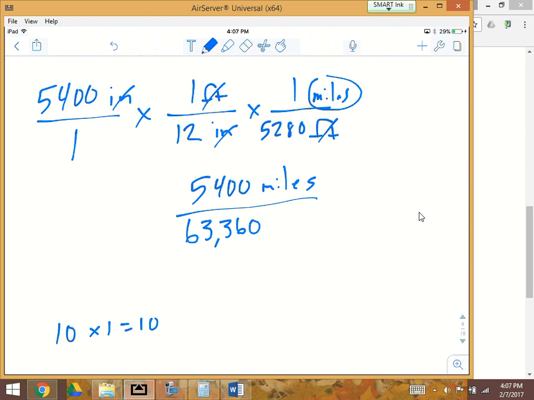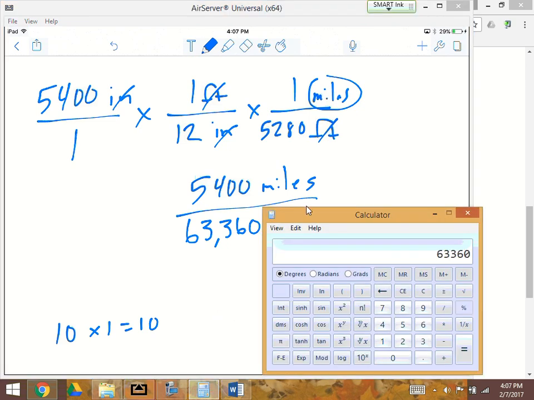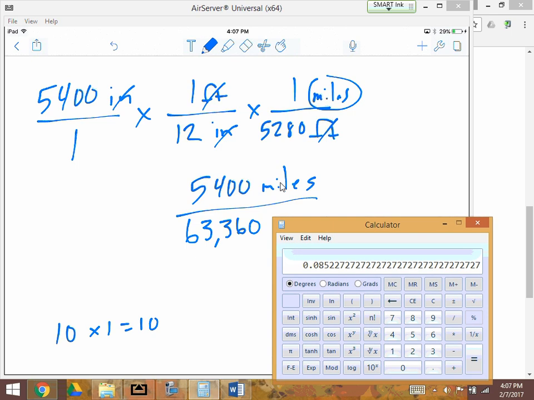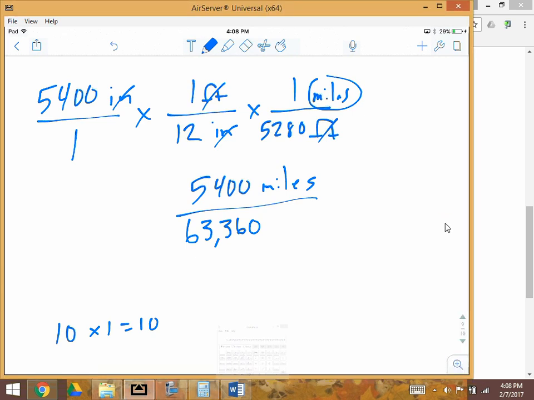So we're going to go ahead and divide those. So I'm going to take my 5,400 divided by 63,360. And, that's not a real nice number, but again, remember, we're converting from inches to miles. So, unless you have a lot of inches, it's probably not going to work out that well. So I'm going to round this to 0.09, because this 5 will make the 8 go up. So 0.09 miles.